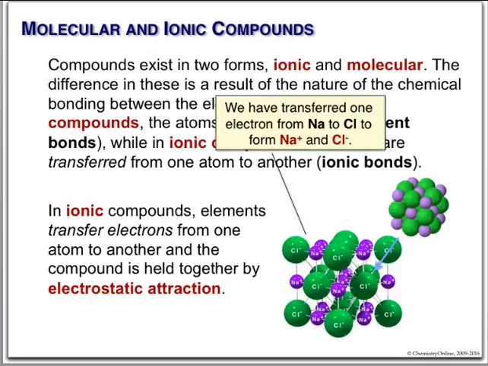So we're going to have 2 types of compounds. One is molecular, they're molecules, and one is ionic. They form these charged ions. Basically, in a molecular compound, you share electrons. In an ionic compound, you totally transfer them.